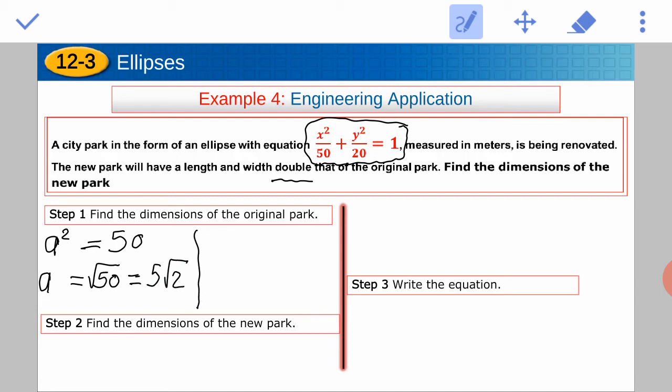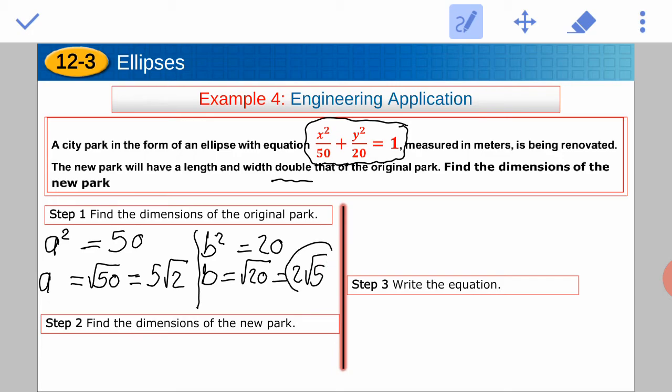Similarly, I will do the same to figure out the value of B. B², the quantity underneath y², is B². B² equals 20. If you take the square root of both sides, the value of B equals square root of 20. If you simplify that in simplest radical form, it gives you 2 square root of 5.